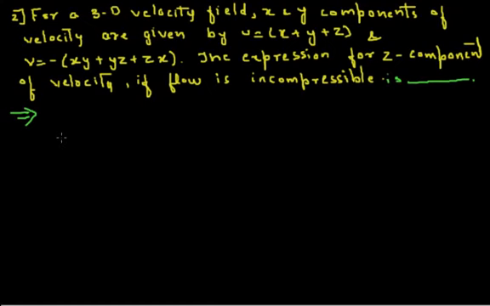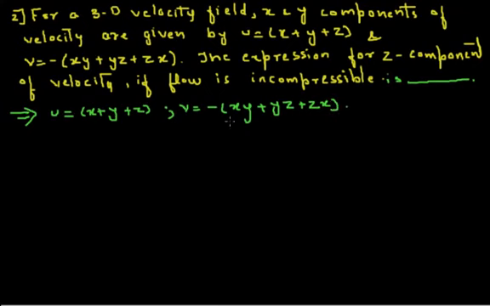Those are u is equal to x plus y plus z, and v is equal to minus of xy plus yz plus zx. This is given. We have to find out the expression for the z component of velocity, that is w.